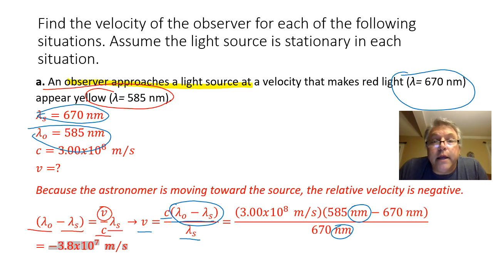Don't tell anybody. No, actually tell everybody, because that's important. Because I have nanometers in my numerator of this fraction and nanometers in the denominator of that fraction, they're going to cancel each other out. I'm solving for meters per second. So this is really what I'm solving for in terms of units. Because they cancel out, I don't need to do the conversion.